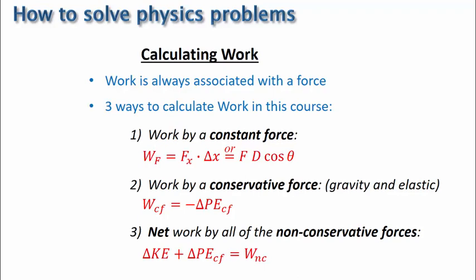In the third equation, we use the conservation of energy to calculate the total of all of the non-conservative forces. The second and third equations are mutually exclusive, because the force is either conservative or it's not. But the first equation may apply to a conservative or a non-conservative force. That is to say, a conservative force may be constant or it may not be, and similarly, a non-conservative force may be constant or it may not be.